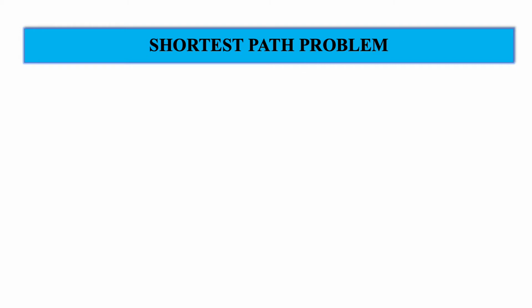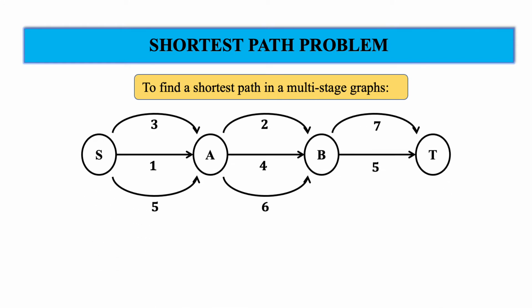Now let us first discuss a shortest path problem, and from this we will get an idea of what a dynamic programming problem is and how it is useful to solve some non-linear problems. First, we want to find the shortest path in a multi-stage graph. You see this example here.